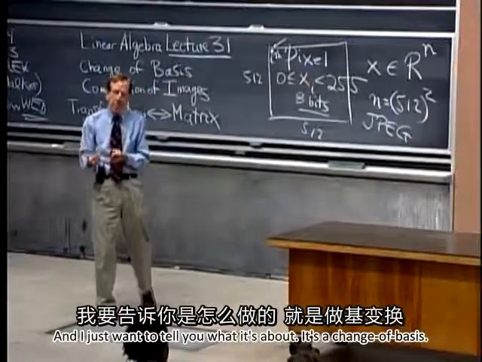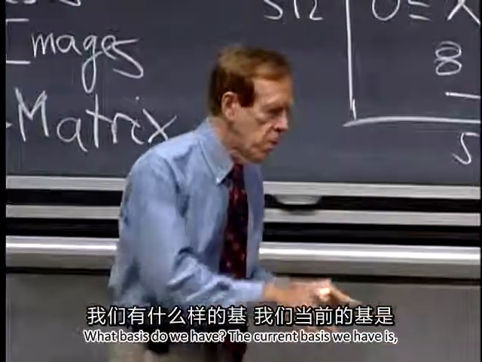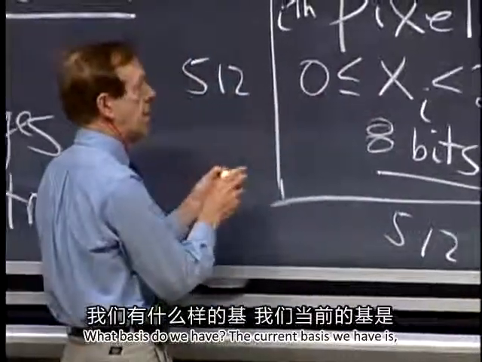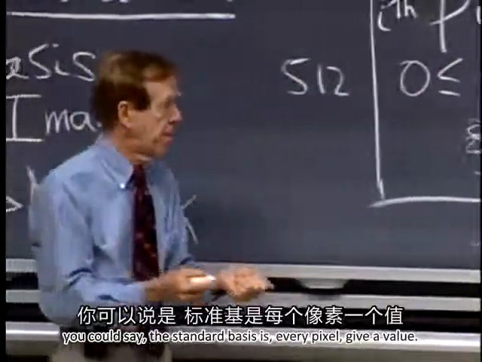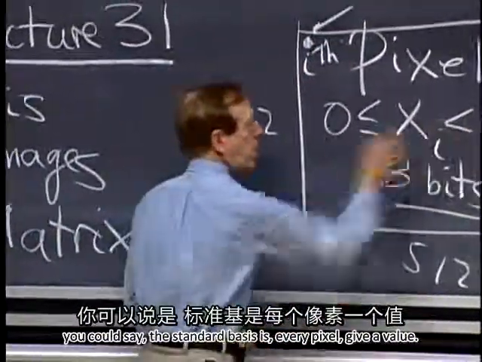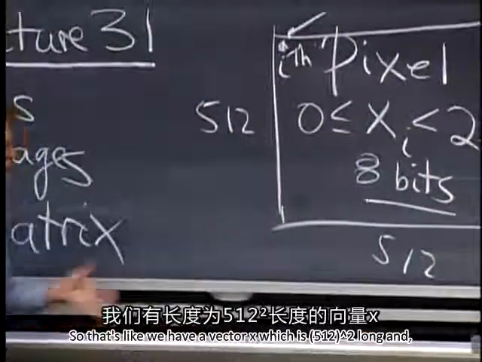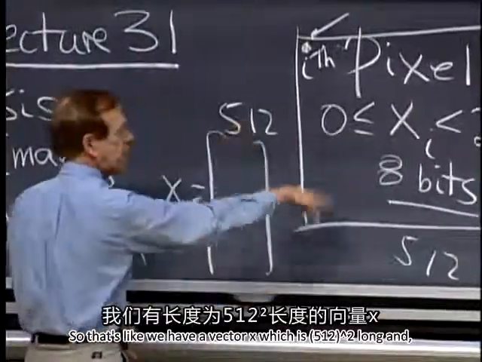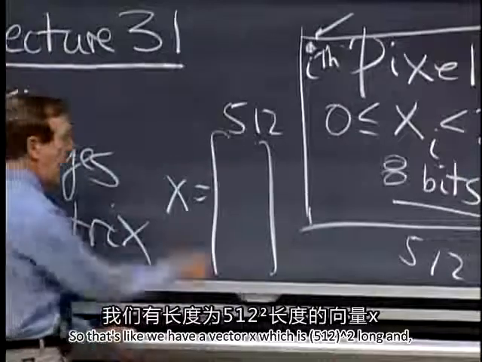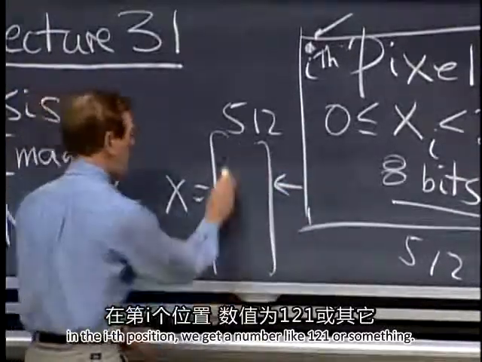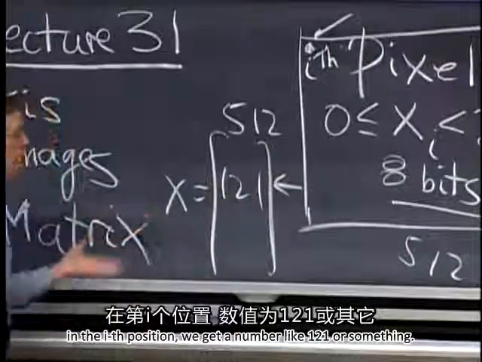It's a change of basis. What basis do we have? The current basis we have is, you could say the standard basis: every pixel gives a value. So we have a vector x, which is 512 squared long, and in the ith position, we get a number like 121 or something.